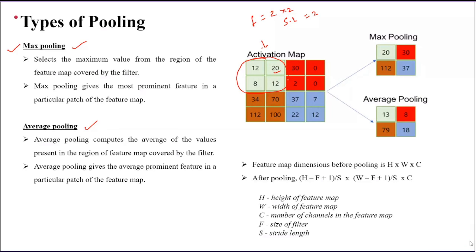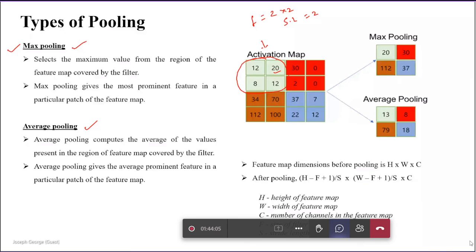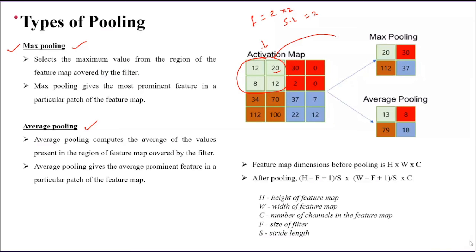So this maximum value will be retained in this particular pixel. Then the stride will be moved 2 steps or 2 pixels. Again, it will search for the maximum value here, and that maximum value is treated as the second pixel value.